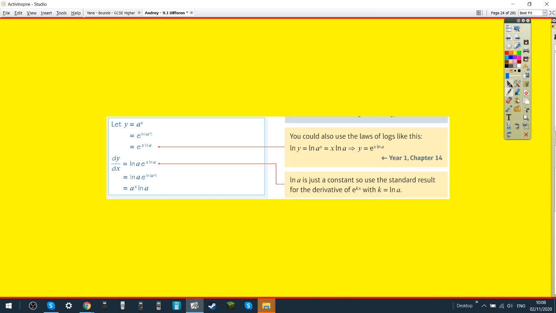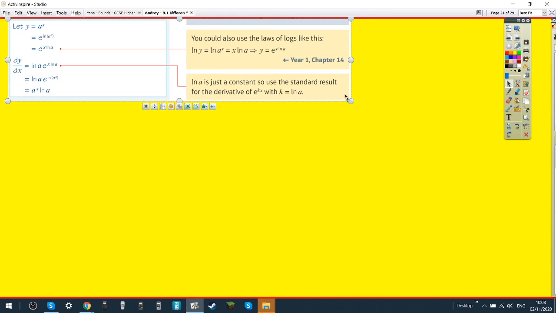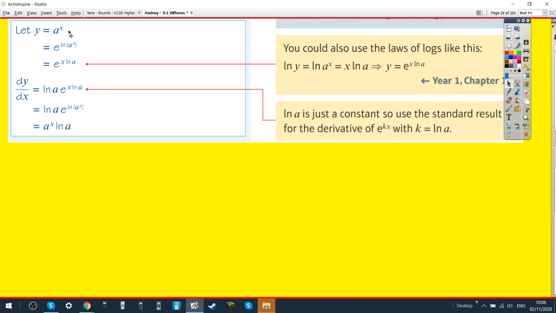Let's make sure about this. So y equals a^x, which you could write as e to the ln a^x, which is e to the x ln a. The derivative is e to the x ln a times ln a, because you get the derivative of the function inside the function.